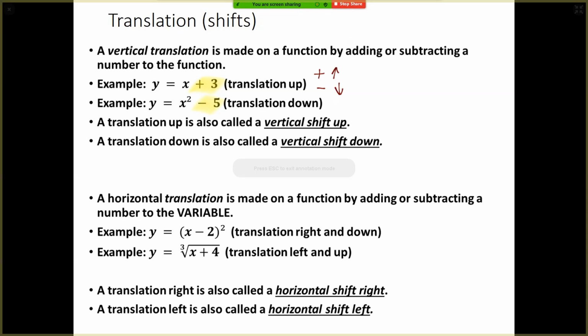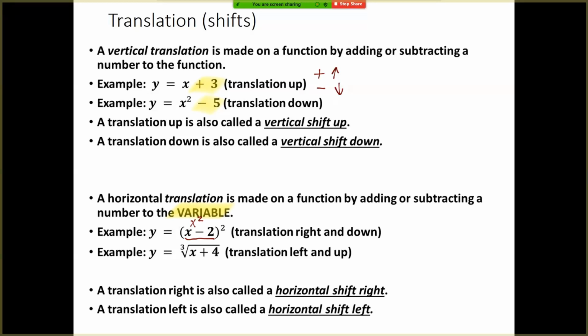The second type of shift is a horizontal shift. Horizontal is either going to move you left or move you right. That happens when you add or subtract to the variable. So the keyword here is variable. It's no longer hanging out at the end necessarily. It's going to be stuck in with the variable. If I look at this first one, the parent function is x squared, but we shove that minus 2 in with the variable.